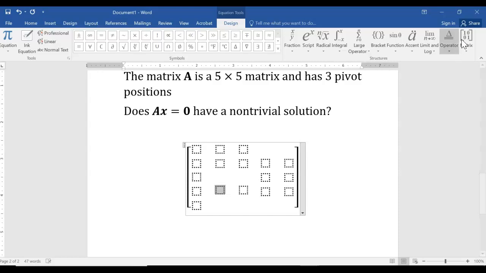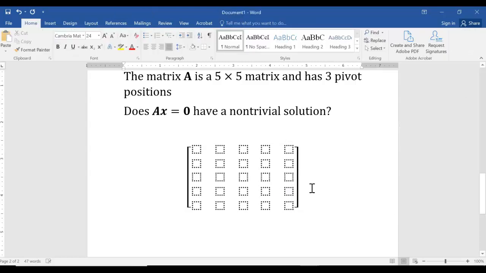We'll do that. Five columns, 5 rows. Now, it really doesn't matter where the 3 pivot positions are. If my pivot positions were here, here, and here, that means that these 2 rows would have to be all zeros, okay?